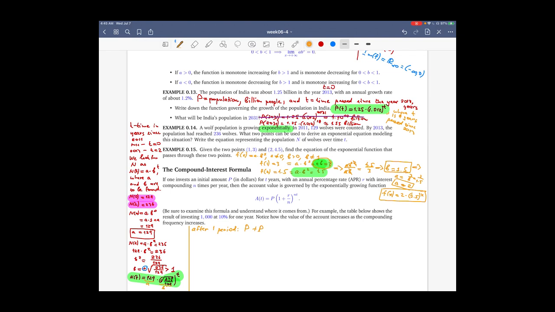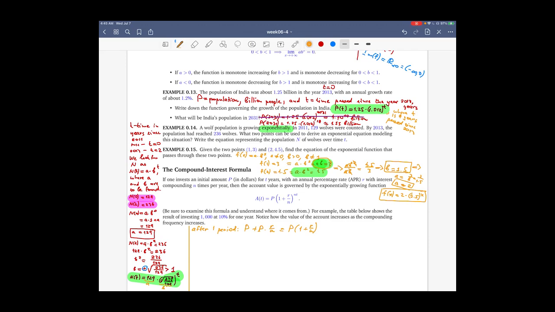The APR, the annual interest rate, is R, but because it's compounded multiple times per year, N times per year, it needs to be divided by N. That is P times 1 plus R over N.